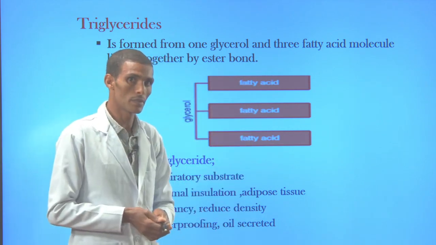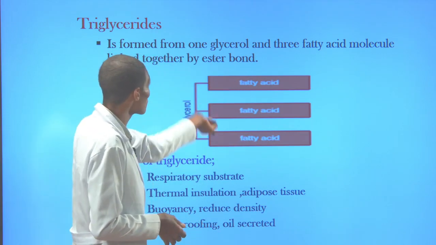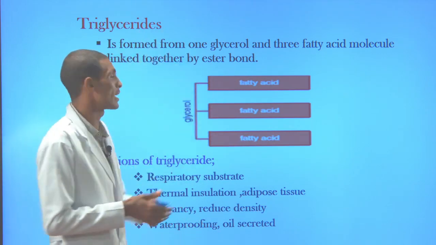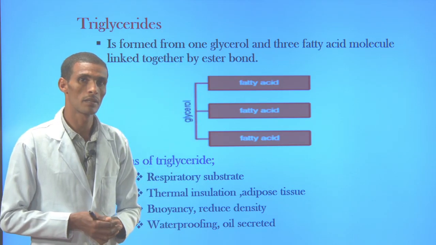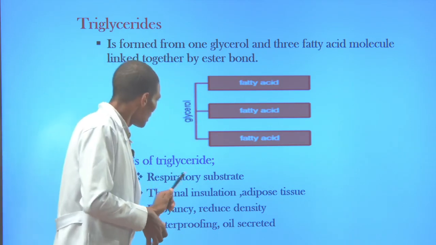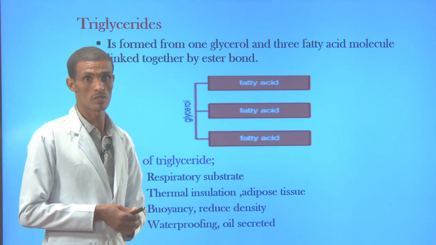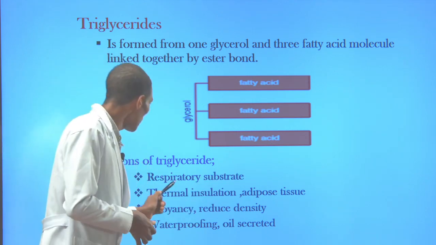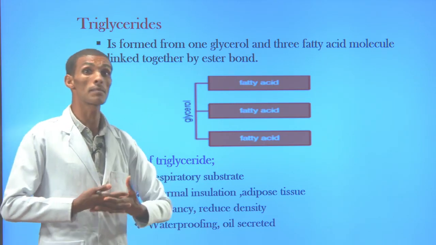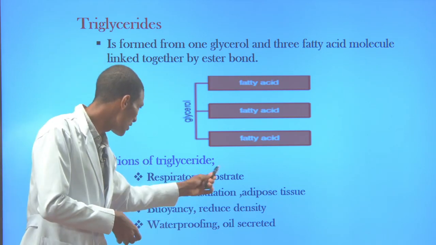The 3 fatty acids are joined by ester bonds to form triglyceride. Triglyceride is very important in releasing energy during the respiratory process, so it is considered a respiratory substrate just like carbohydrates.